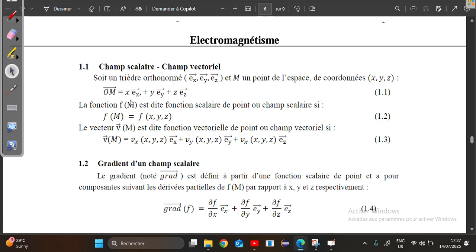Don't forget to indicate the unit vector in those respective components. Then they will just ask you a question: give us the vector OM in the Cartesian coordinate system. That's the only question that they'll ask you. So they expect you to know that the Cartesian coordinate system has got x, y, and z.